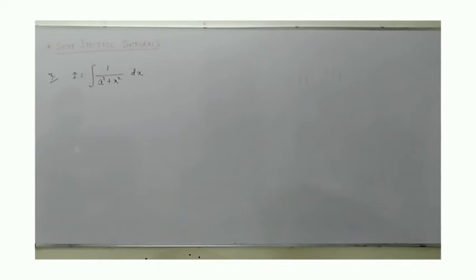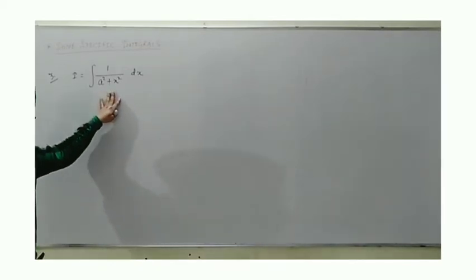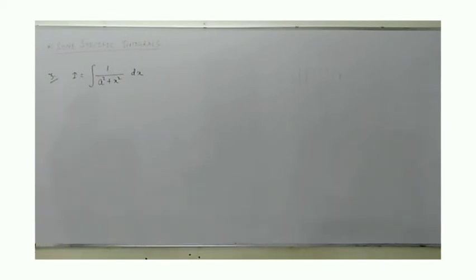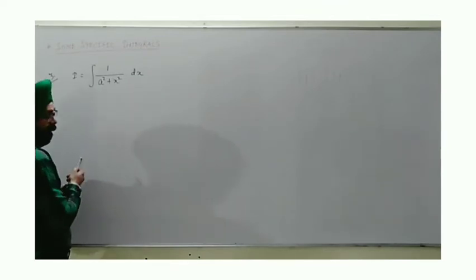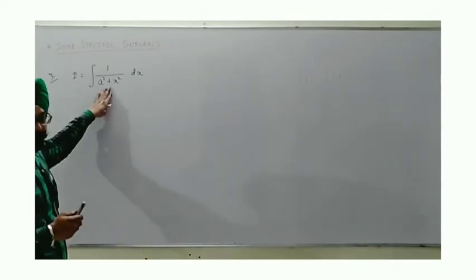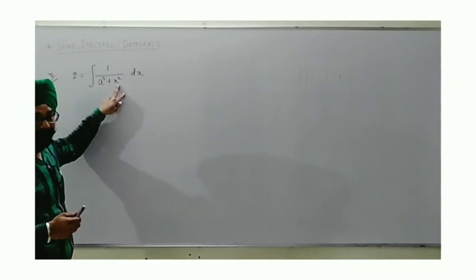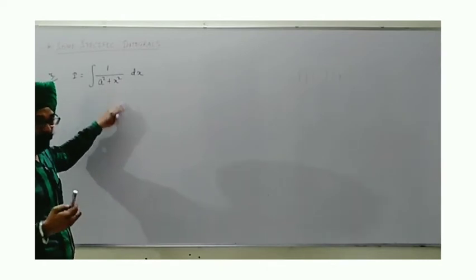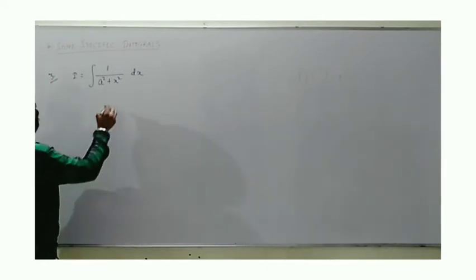No difference. Here we will not use partial fractions because these cannot be factorized. Okay, a square plus x square, two terms are given. So we will use the inverse trigonometric substitution method. Whenever such a pattern is given in inverse trigonometry, we substitute x by a tan theta or a cot theta. We will utilize that one.